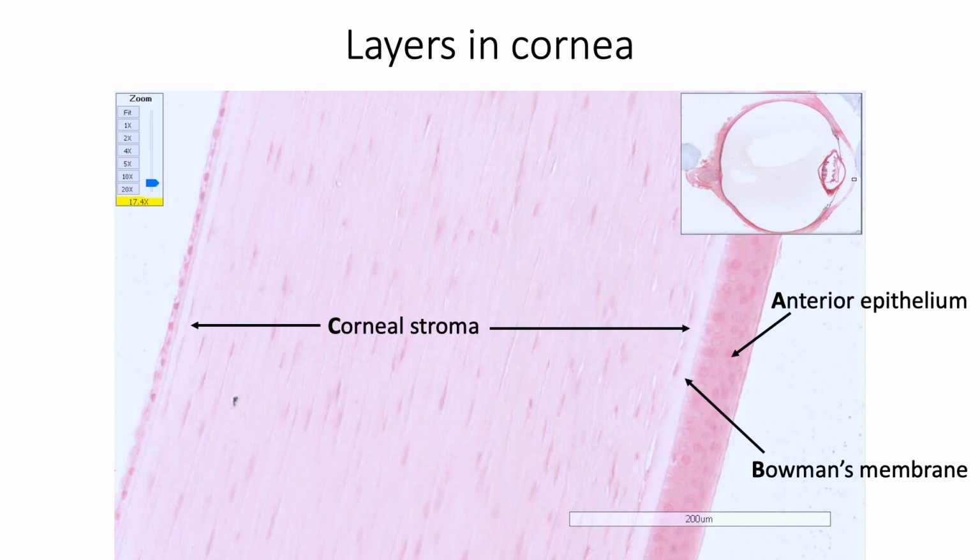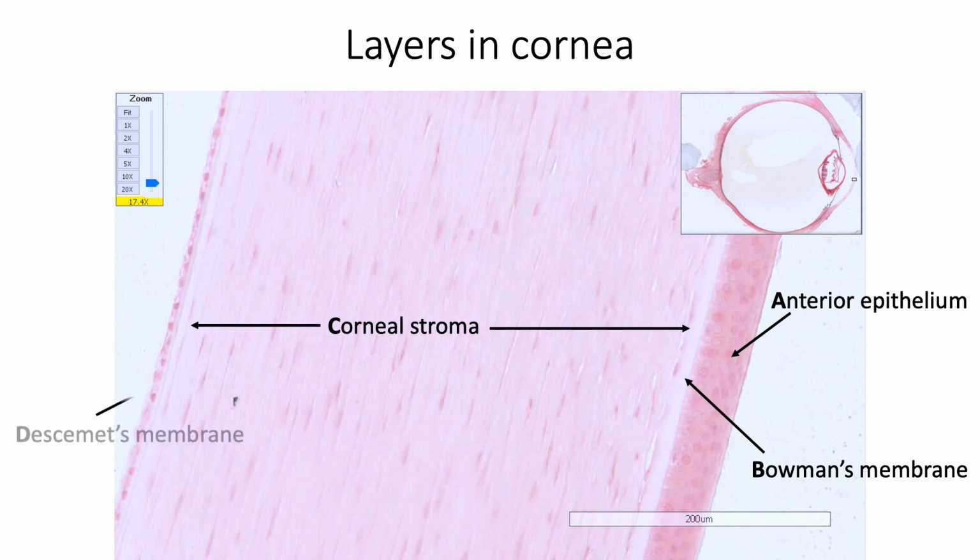Lamellae also consist of ground substance made of keratin sulfate and chondroitin sulfate, and between adjacent lamellae we find sheets of flattened fibroblasts. Small size of the collagen fibrils and their regular parallel arrangement contribute to the transparency of cornea.